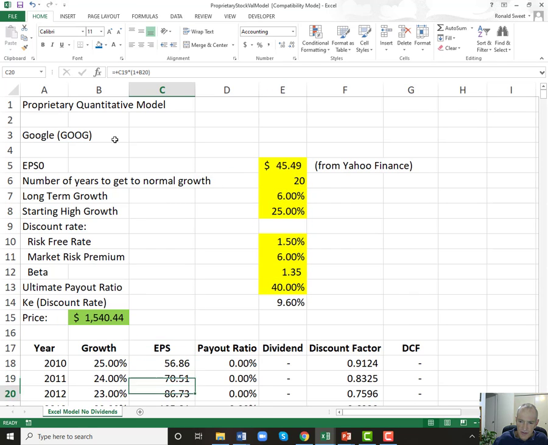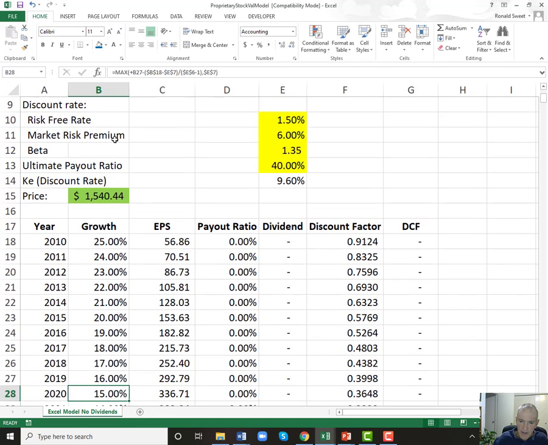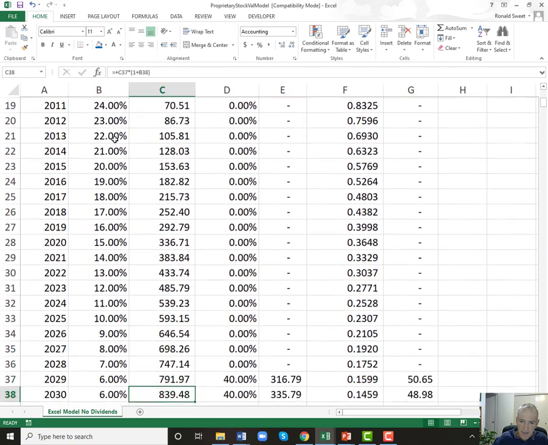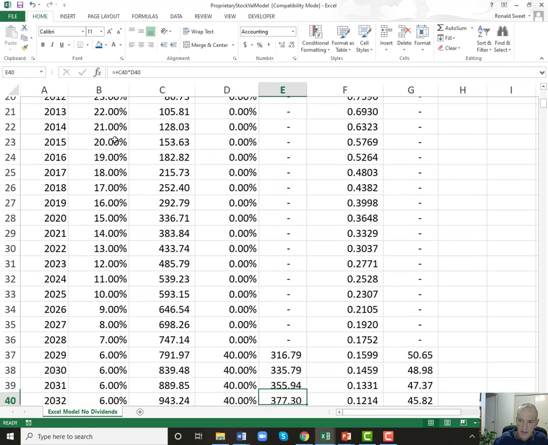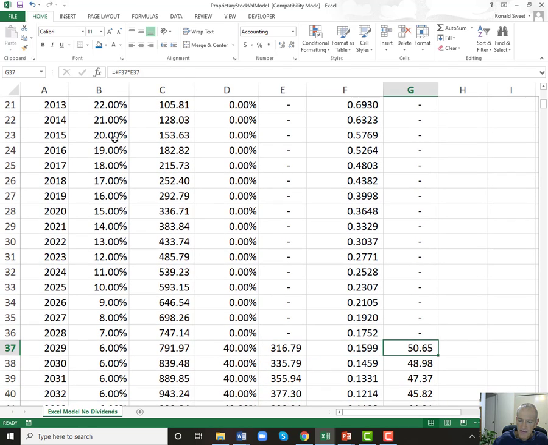What you'll notice is their earnings growing really fast, but each year the growth rate declines a little bit, because that's my assumption here. It comes down until it hits 6%. When the growth rate hits 6%, they start paying dividends. And then I have a discounted cash flow.